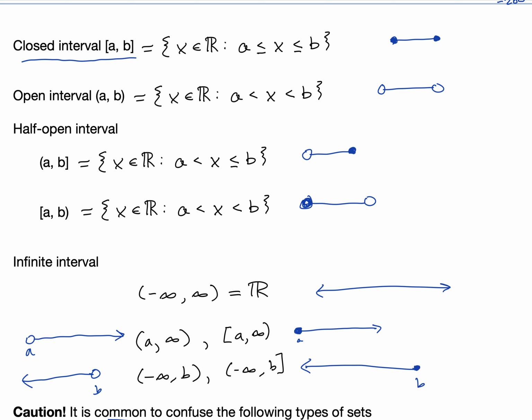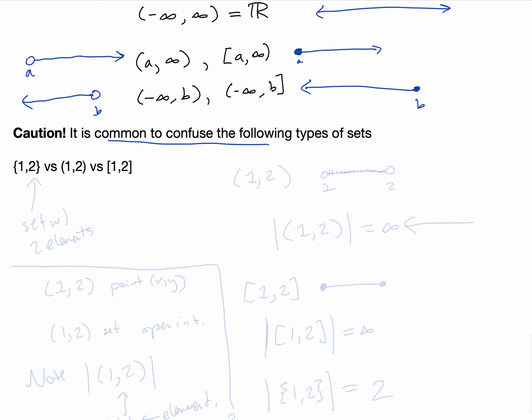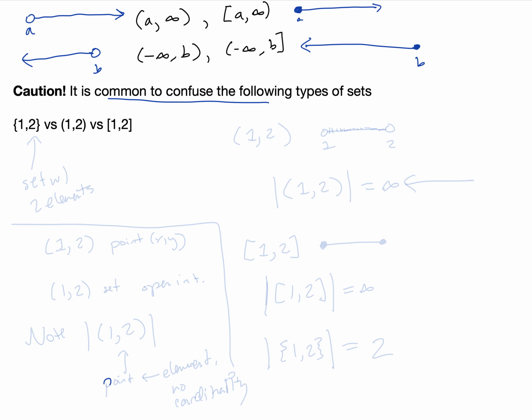One comment is that it's very common to confuse the following types of sets. The set in braces 1, 2 versus the set in parentheses 1, 2 versus in square brackets 1, 2. Note that this is a set with two elements.